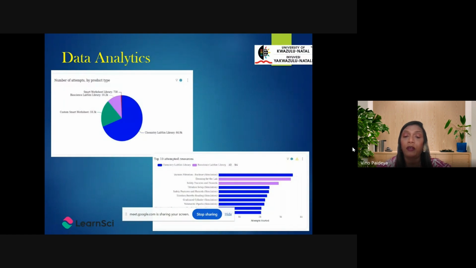Students are going through the Buchner funnel simulation, as well as safety and titrations. The titration setup is being used significantly. And so this is very helpful, as I just said, for both the lab demonstrators as well as the academics.